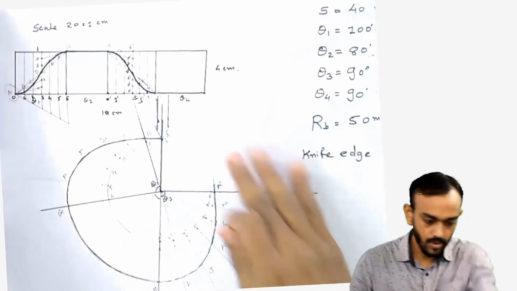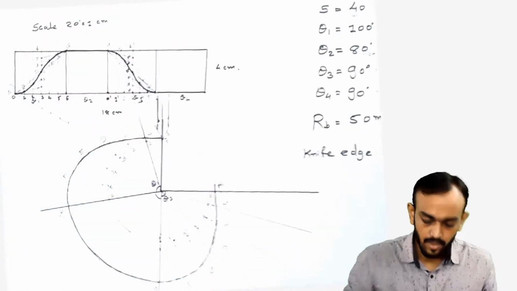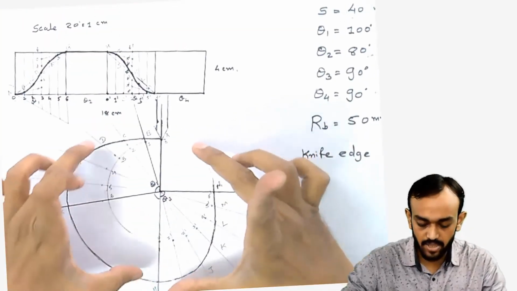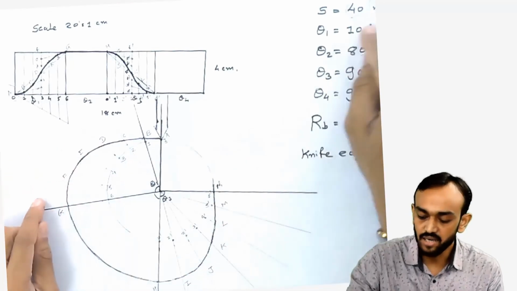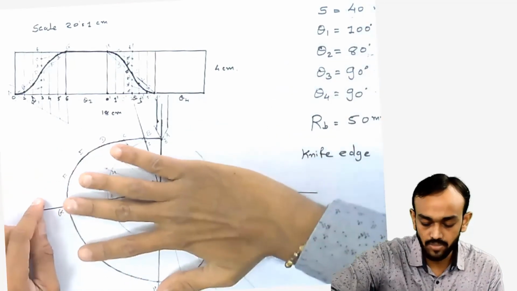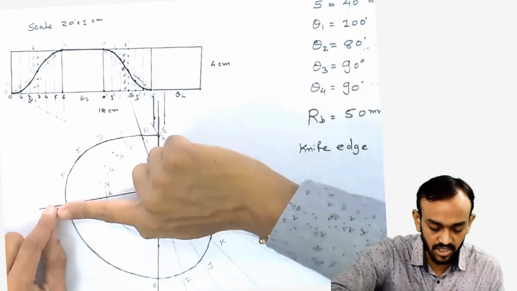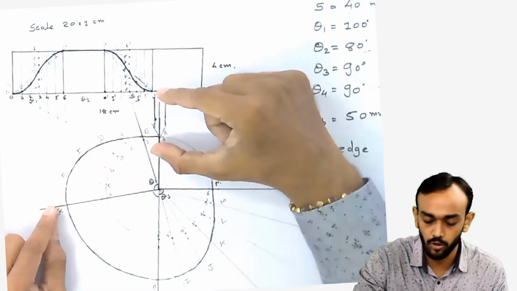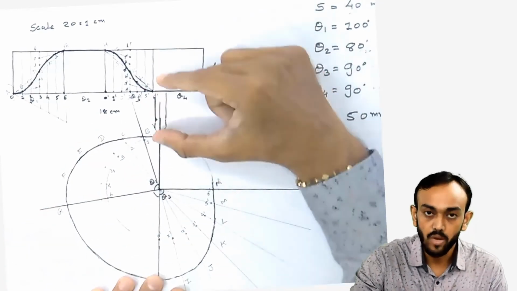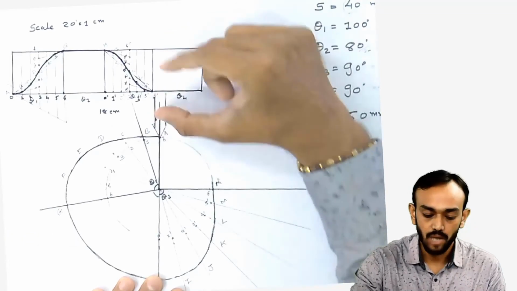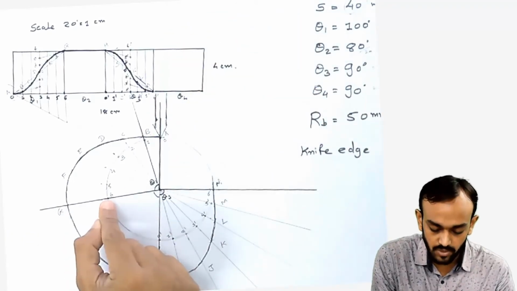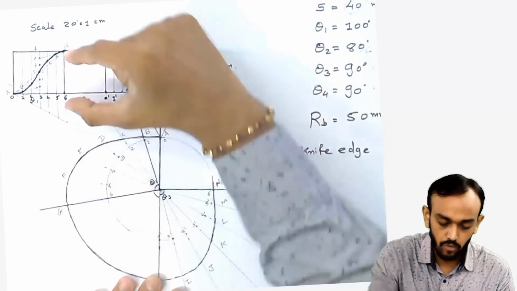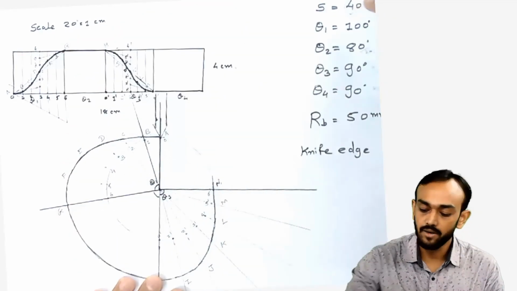You can see here, when this cam is rotating, what will happen? In a 100 degree rotation of this cam, when this point G comes here, our follower will move in an upward direction. And how much will this length be? From the circle to this height, we get 40 mm.